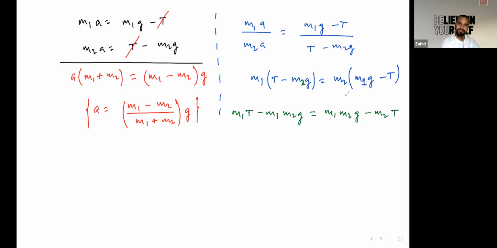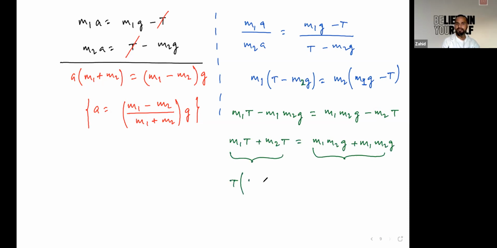Move this term to the other side and this term to the other side. You will get M1 times T plus M2 times T is equals to M1 M2 times G plus M1 M2 times G. These two terms on adding, you'll get 2 times of M1 M2, and if you take T as common from both these two parts, you will get T (M1 plus M2) is equals to 2 times M1 M2 times gravity.